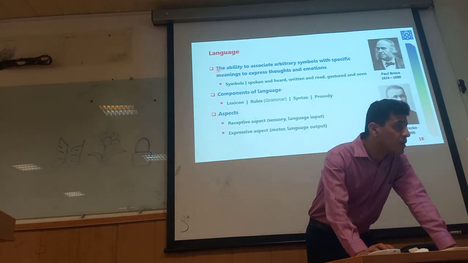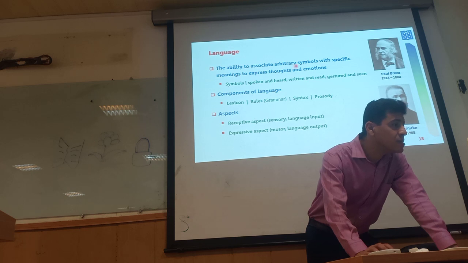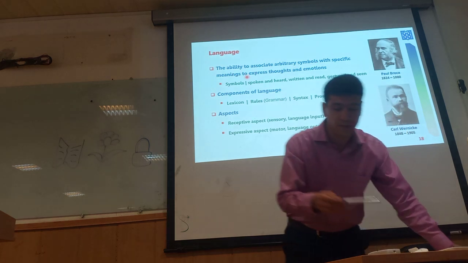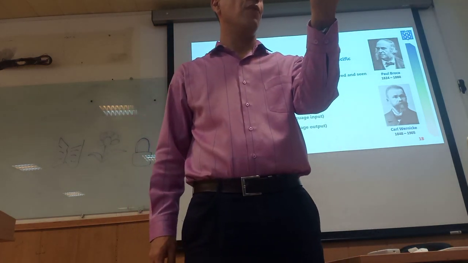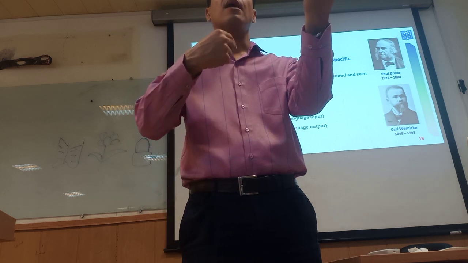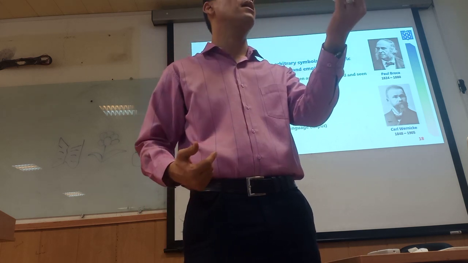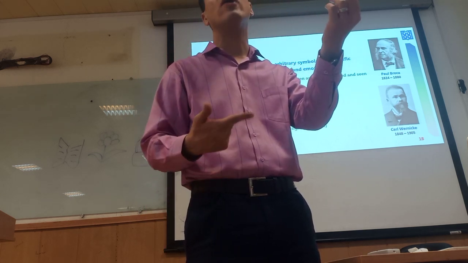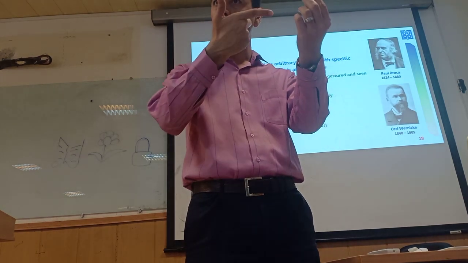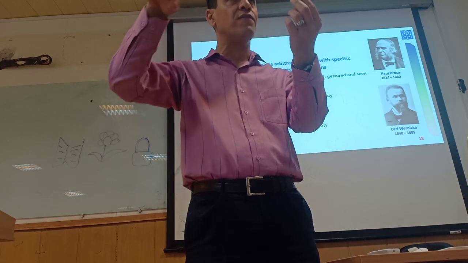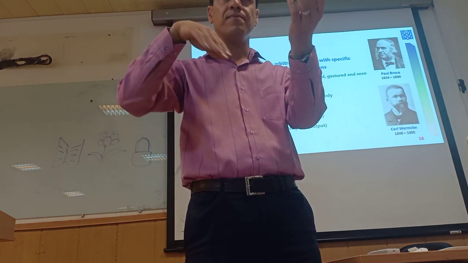Okay? So language is the ability to associate arbitrary symbols with specific meanings. So we have this meaning, this one. We use a symbol for that. For example, I can use the word marker, which is a sound produced by my mouth. This sound has a special frequency, right?